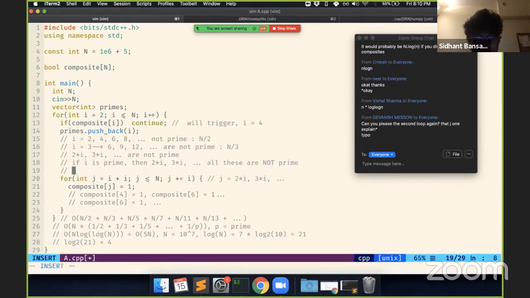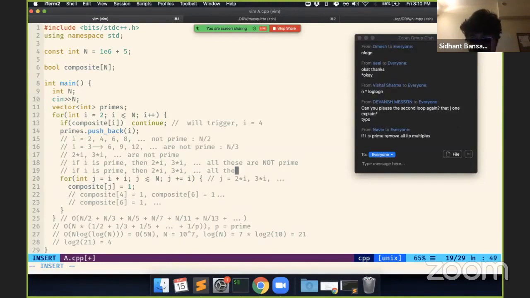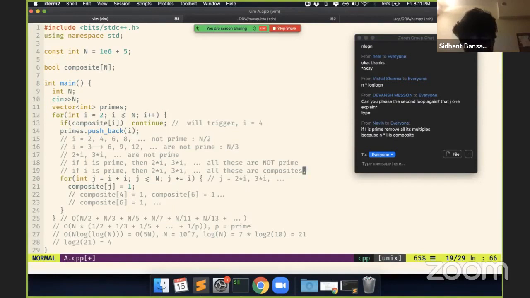Because they're not prime, that means they're composites. Excluding the one case, we never went through 1 because I started from 2. So when we got that i is prime, because we ran till line 14 and line 13 didn't get executed, we strike off all the multiples of ours.